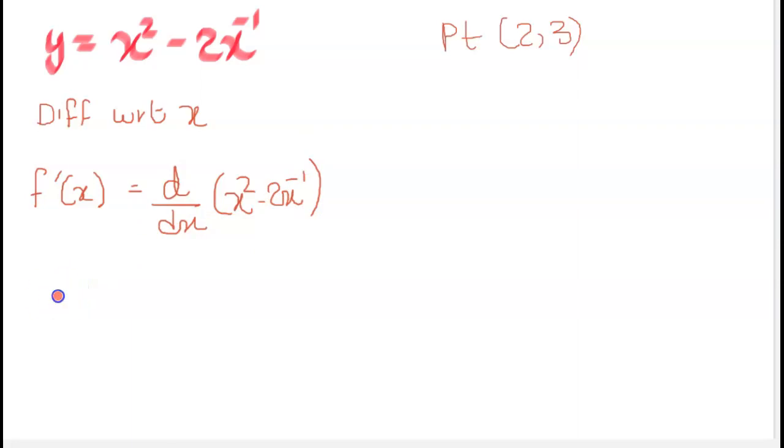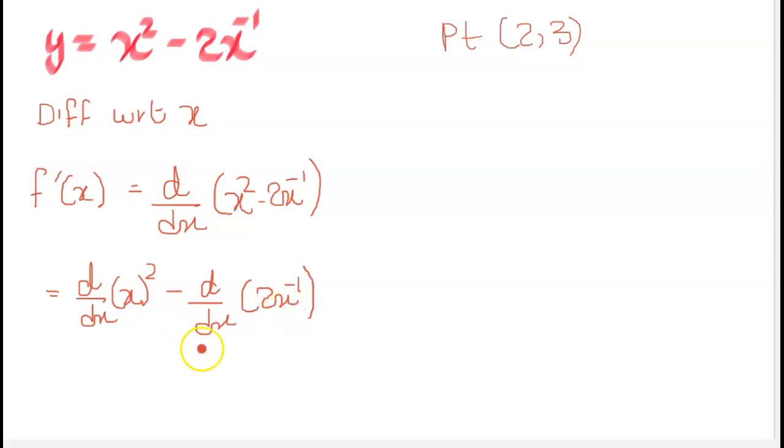Now let's differentiate. On this side, I get d over dx of x squared, minus d over dx of 2x minus 1.